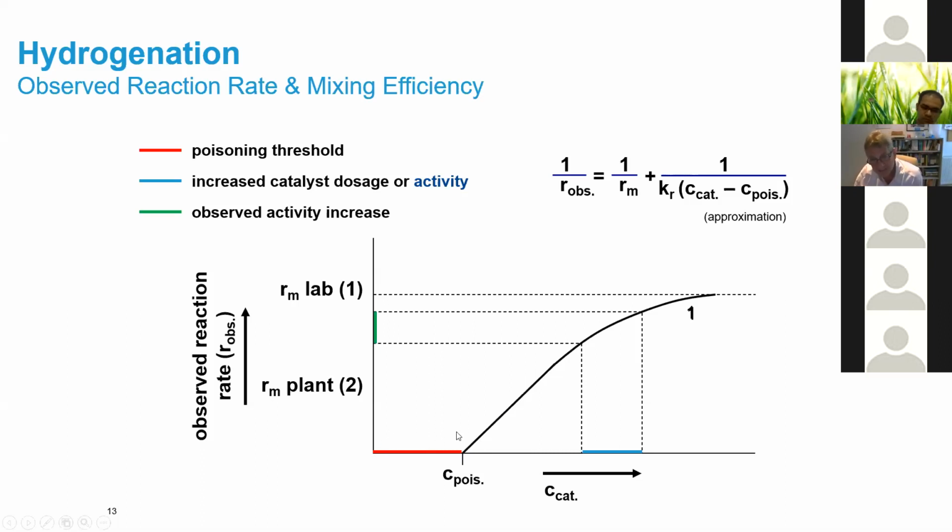So when you add the catalyst, there will be this kind of lag period here represented by the red line, what we call the poisoning threshold, where you will get a lag before the reaction rate picks up. So that's a lab hydrogenation.